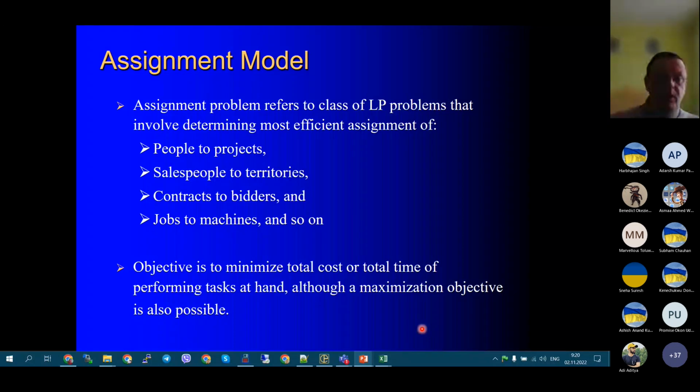A problem which has a strict relationship with the transportation problem is the assignment problem, which is a specific class of so-called linear programming problems that involve determination of the most efficient assignment of people to projects, sales to territories, contracts to buyers, etc. Actually, the assignment problem is much more widely used and covers a number of tasks, even up to, for example, creating network grids for mobile communication or creating various work schedules at different facilities, up to educational facilities. Scheduling in question actually falls under the assignment problem.